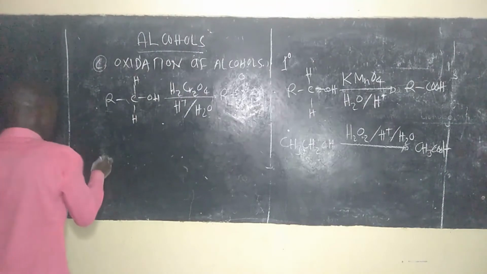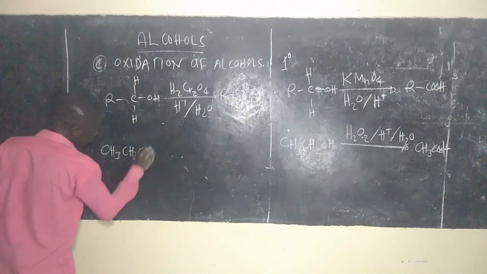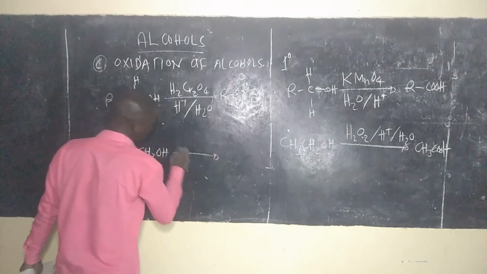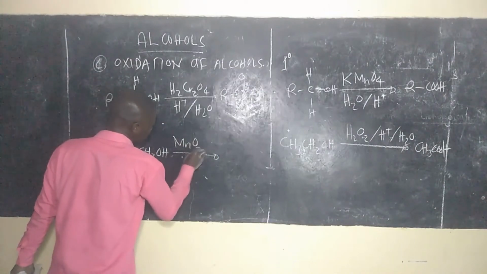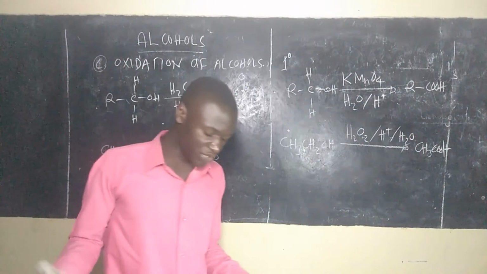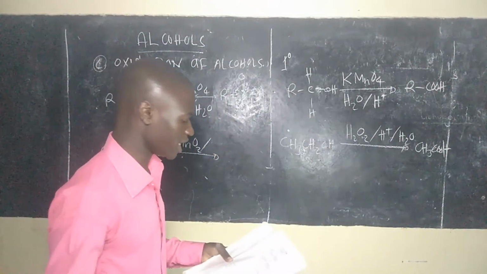For example, kama tuna CH3 CH2 CH2OH, tukam-treat labda na manganese dioxide. Yani hizi zote ni weak oxidizing agent. Kwa hiyo tukitumia yote ile matokeo yanakuwa ni yale yale.